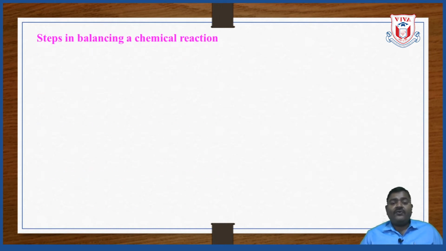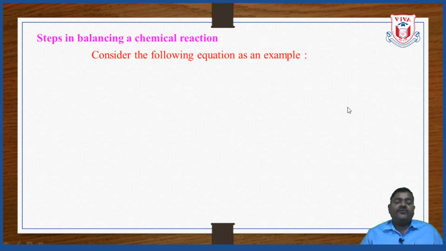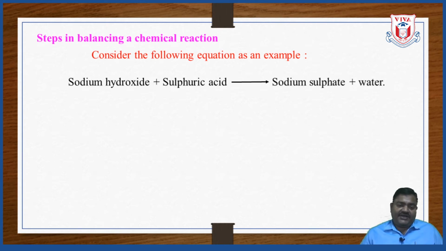आता आपण now we will see the steps in balancing a chemical reaction. आता आपण ह्या केमिकल रिॲक्शन बॅलन्स कशा करायच्या ते आपण पाहूया. For that we will consider the following equation as an example. इक्वेशन आहे बघा, सोडियम हायड्रॉक्साईड प्लस सल्फ्युरिक ॲसिड गिव्स सोडियम सल्फेट प्लस वॉटर. आता इथे आपण बघूया हे दोन्ही रिॲक्टंट्स आहेत, हे दोन्ही प्रॉडक्ट्स आहेत.